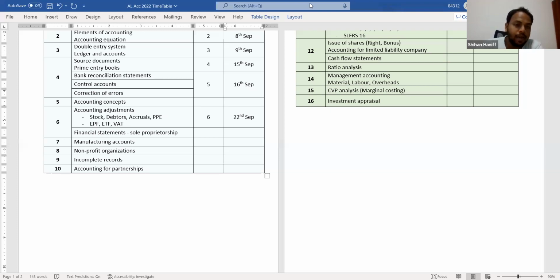Once we record in the prime entry books, using the ledger and the double entry principle, we transfer the transactions into the ledger accounts.